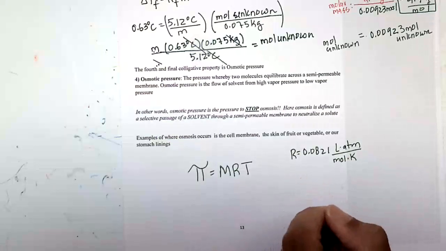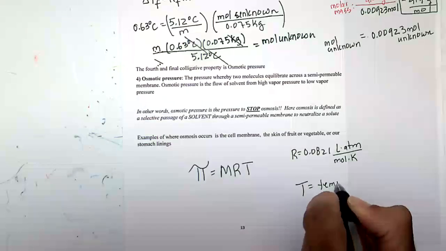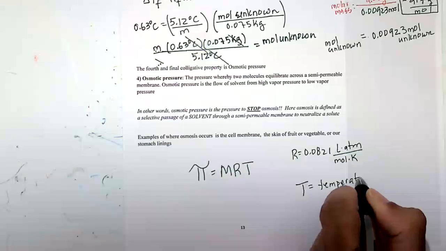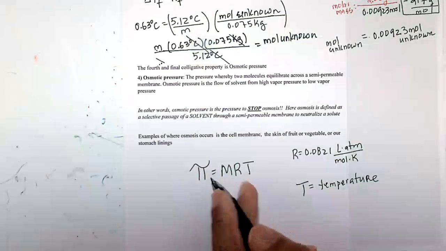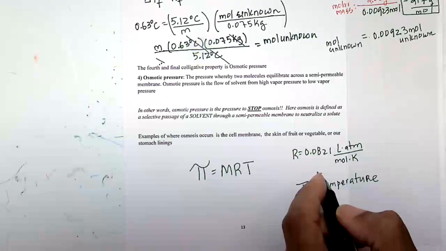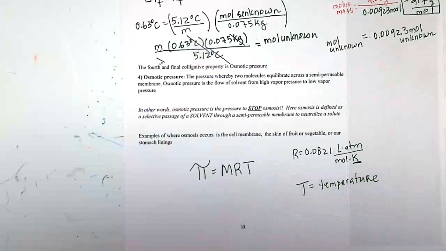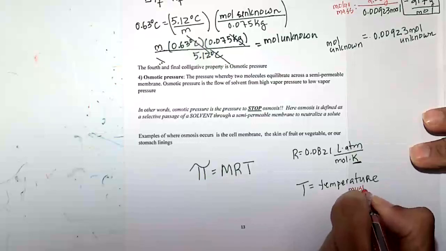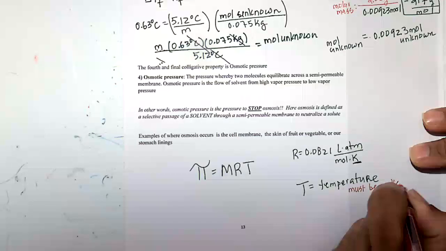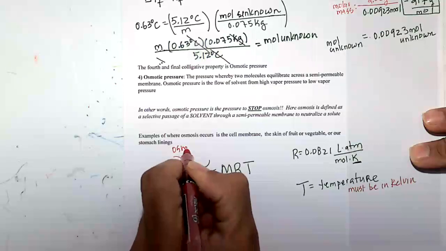T here is temperature. This is the formula for osmotic pressure. And what do you think the units of temperature should be? If our gas constant is in Kelvin, what should we convert our temperature to? Kelvin. So it must be in Kelvin. And this pi is called the osmotic pressure.